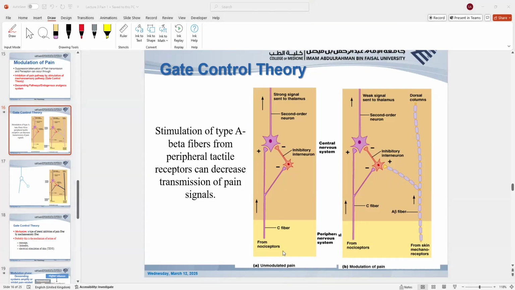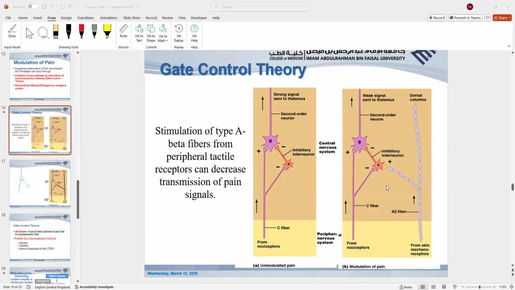Clear. Now, if you do a massage, come to the right panel. So this is now from skin mechanoreceptors. If you stimulate these mechanoreceptors, what do they do? You will feel the touch of the massage, of course, but in addition, a branch of this A delta fiber or A beta fiber stimulates this inhibitory interneuron.